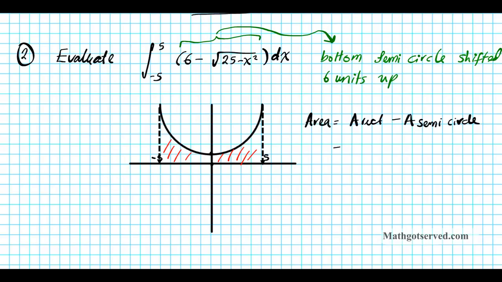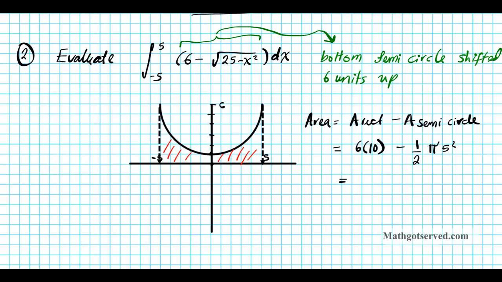So what is the area of the rectangle here? The entire length is 10 units wide, and you go up, and the height is 6 units. 1, 2, 3, 4, 5, 6. So the area of the rectangle is 6 times 10. Minus the area of the semicircle, the radius is clearly 5, so pi r squared divided by 2, so 1/2 pi r squared, 5 squared.